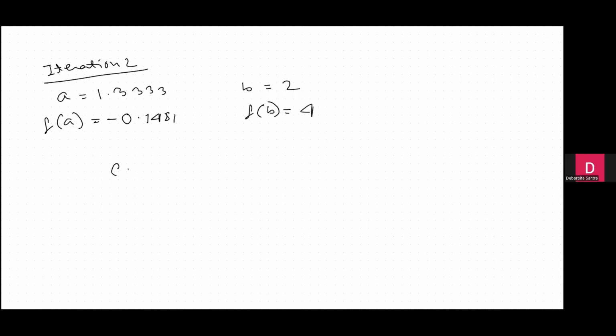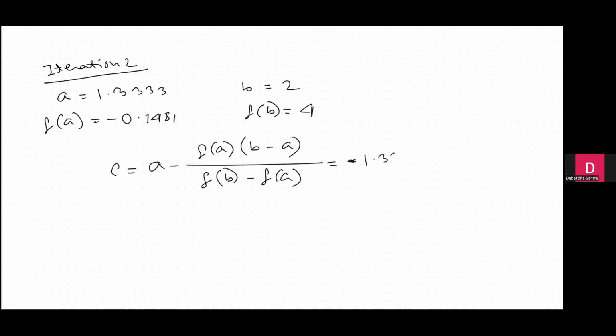C is equal to A minus f of A into B minus A divided by f of B minus f of A. So our A is 1.3333 minus f of A, f of A means minus 0.1481, into B minus A, that means 2 minus 1.3333.